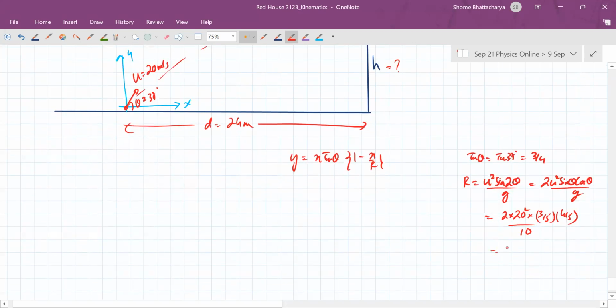So you can see this becomes 2 and 2. 16 into 12.